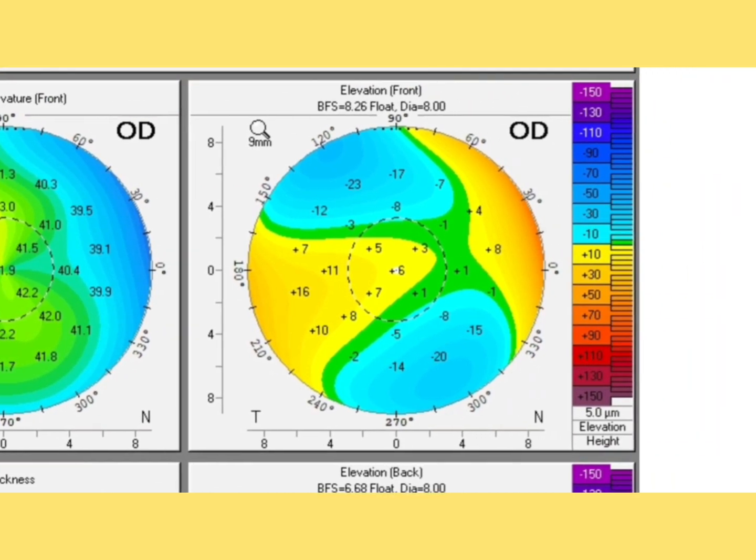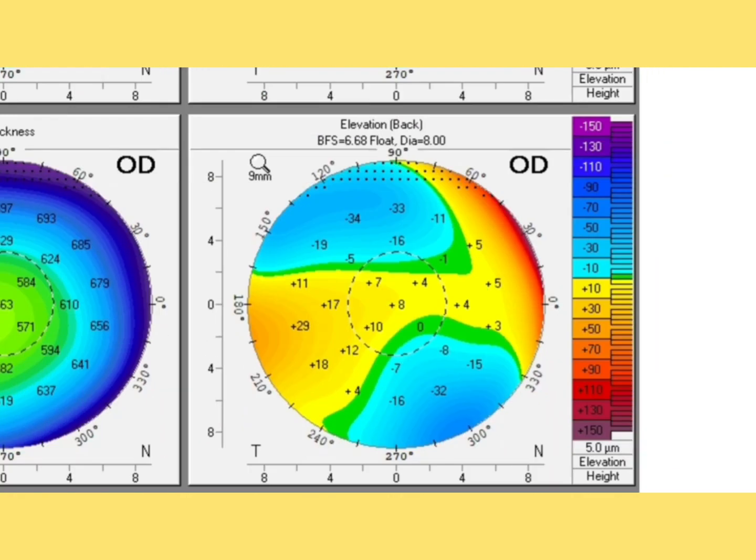Here also, if you see the central thinnest corresponding point in the thinnest local is 6, it is normal, but here this point is quite suspicious. There is plus 11. It should be less than plus or minus 12, but it is plus 11, so it is borderline, right? If I tell you about this, here the central portion point is less than plus or minus 12, and here this is quite suspicious, plus 17, and here minus 16.